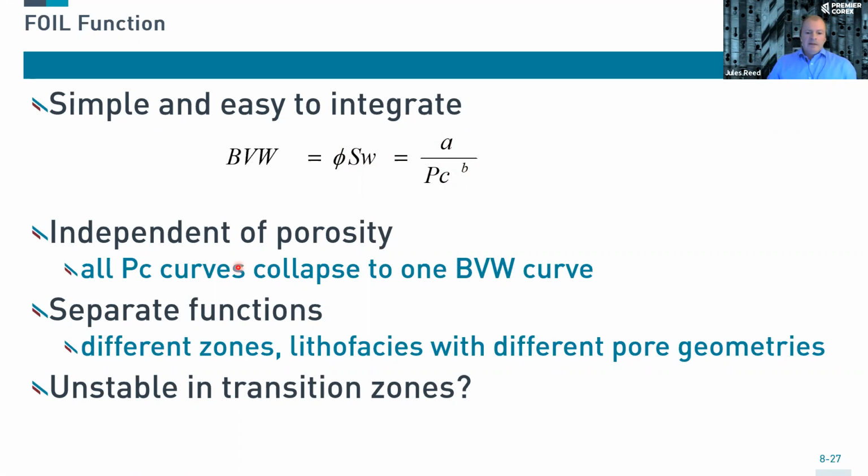It tends to be more unstable in the transition zones, and tends to be better higher up in the reservoir. It tends to be far better when you've got a good homogeneous system and there isn't a great amount of layering.